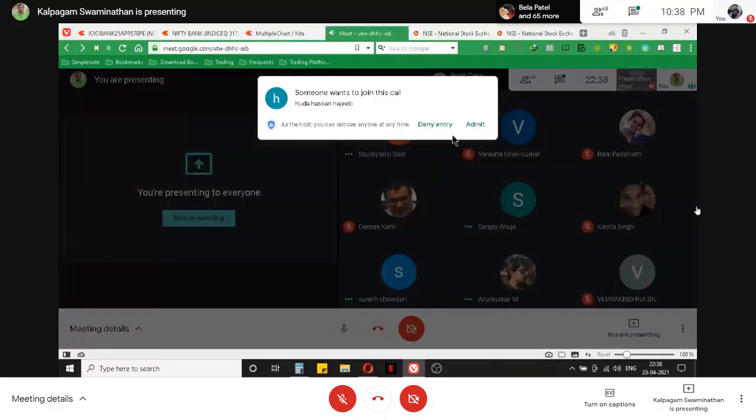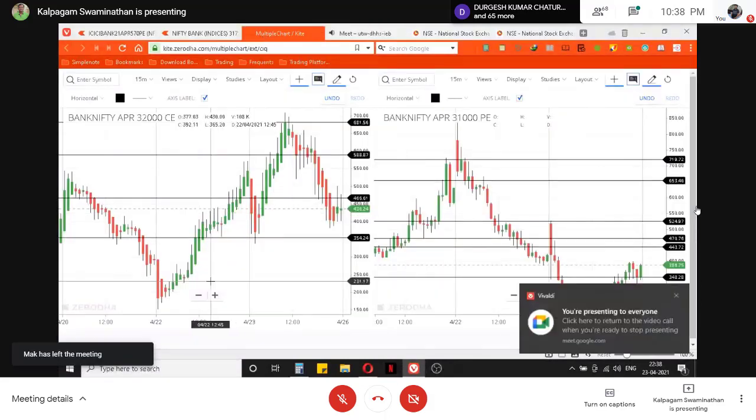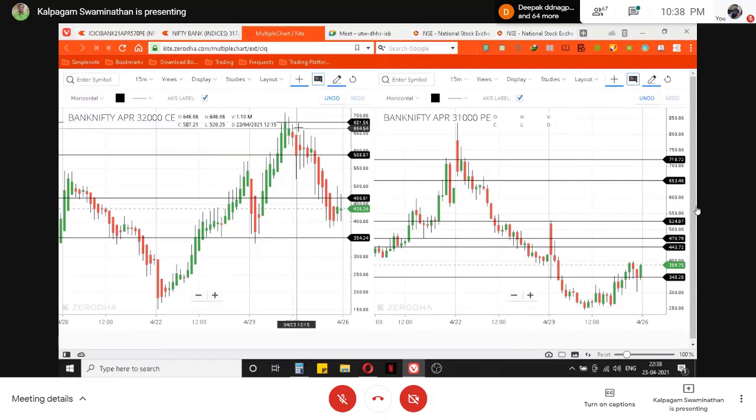When there is a green Heiken Ashi candle, it means that price is moving upward from support to resistance. You will never try to take a trade in between. Either you will buy at support and wait till it goes to resistance and take your profit, or you will sell at resistance and wait until it comes to support to take your profit.